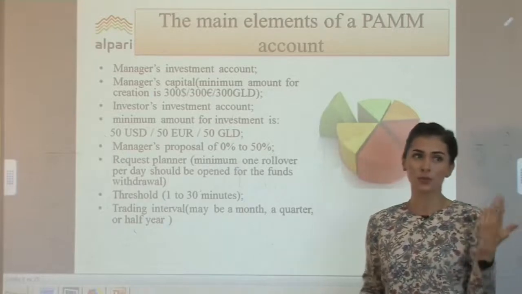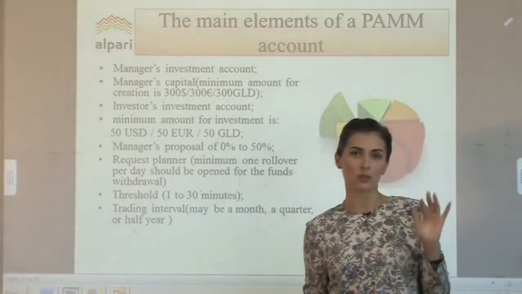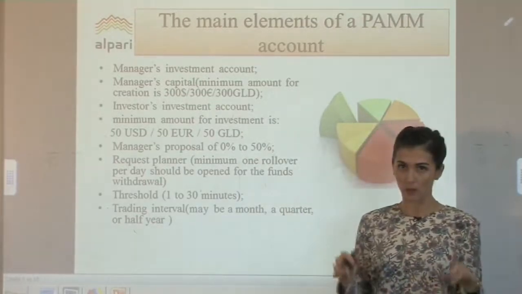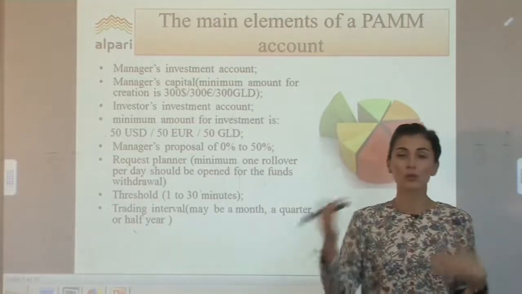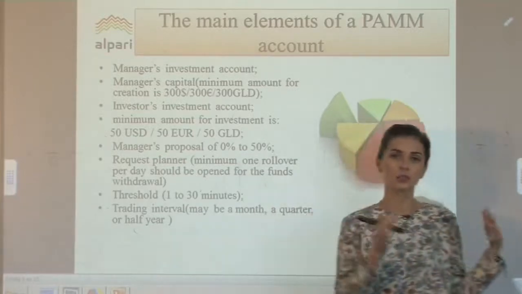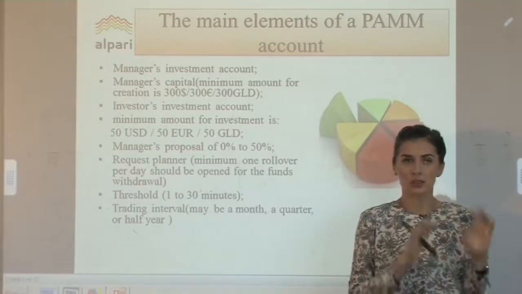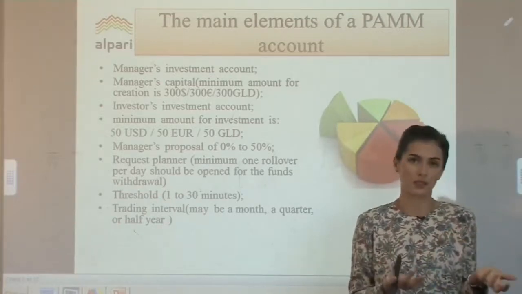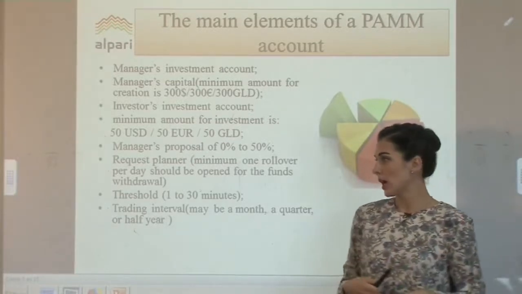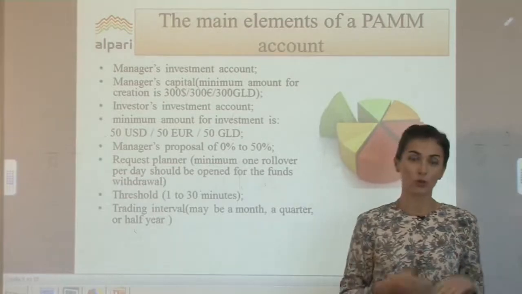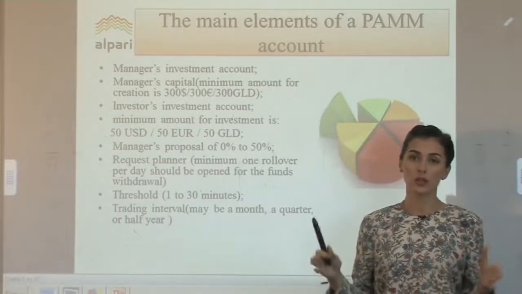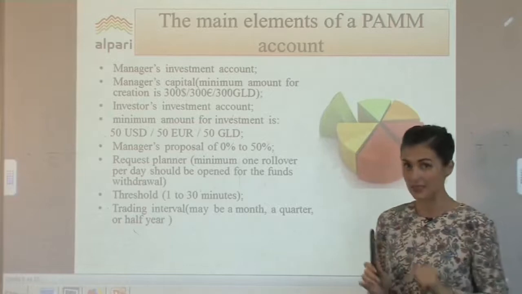If you stay your funds on the PAMM account for 1 month and the trading interval is 1 month, after 1 month the system will calculate automatically the reward for the manager and your net profit, your clean equity without the manager's reward. And in the trading interval, your balance will be equal to your clean equity.